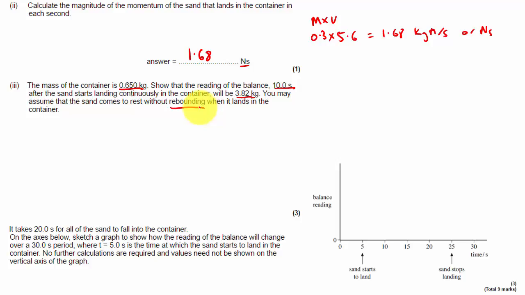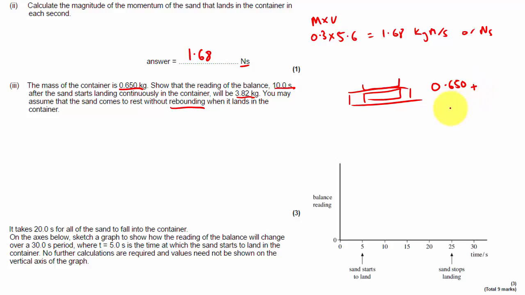Right, so immediately think about the container and the scale that is reading this. So here's the scale and here's the reading. You switch the scale on and you put the pan on, and it's going to read 0.650. The pan weighs 0.650.